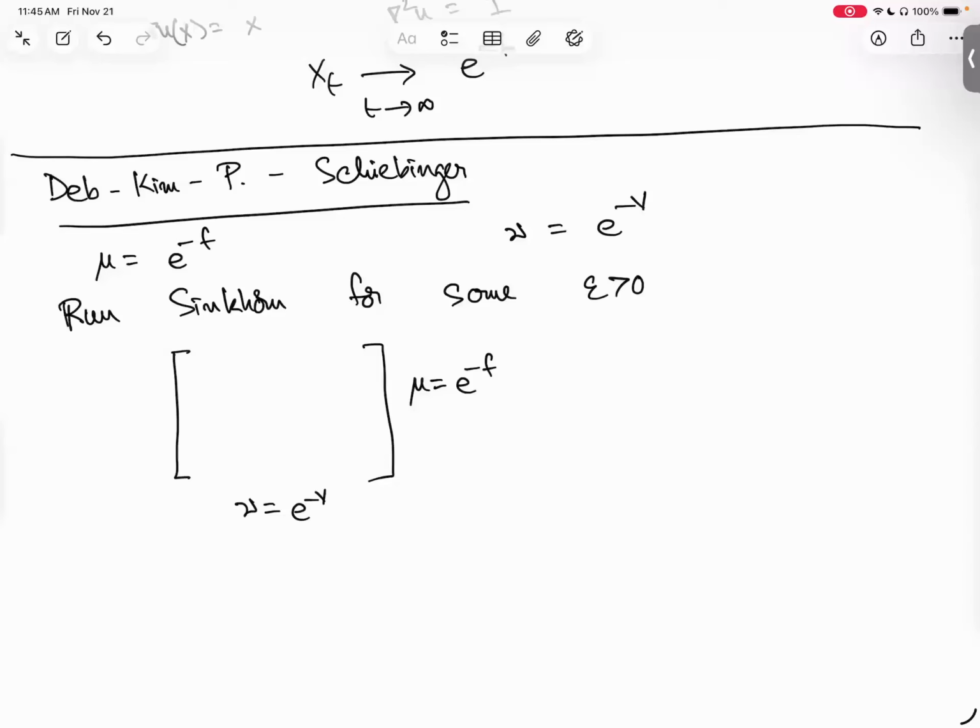At every alternate step, one of these is going to be achieved, and the other one is not. At each alternate iterate, my x marginal is going to be e to the power minus f, and the other is not.